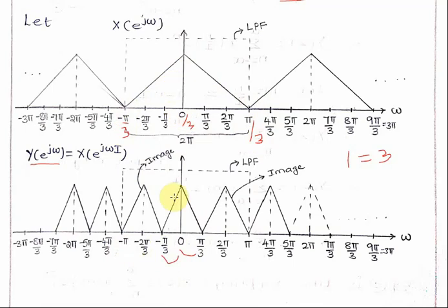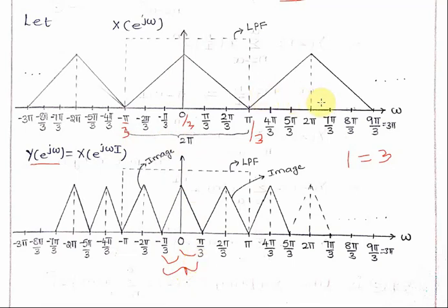By observing these two, this spectrum is compressed. The duration of the original spectrum is 2 pi. The duration of this spectrum is pi by 3 minus minus pi by 3, that is 2 pi by 3. The spectrum is reduced, compressed.